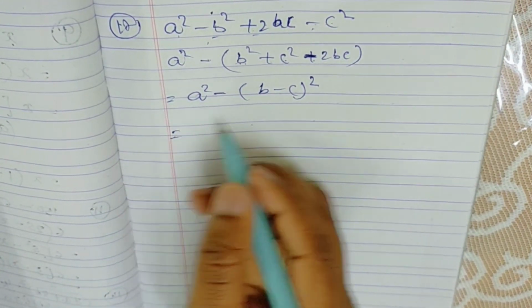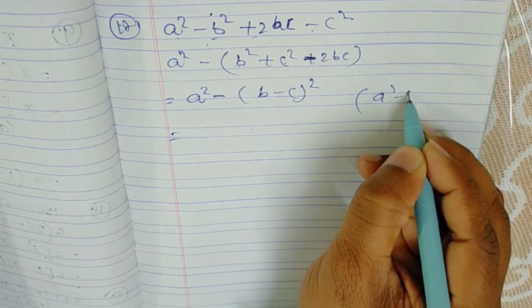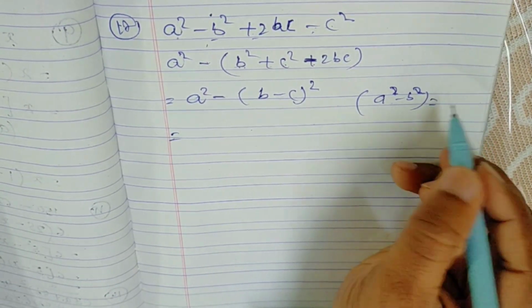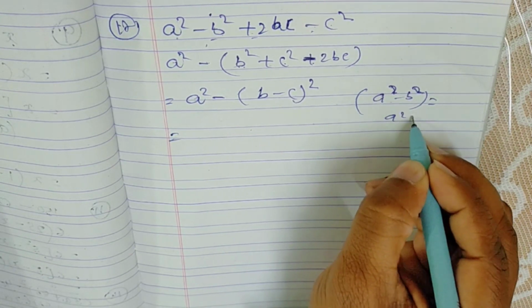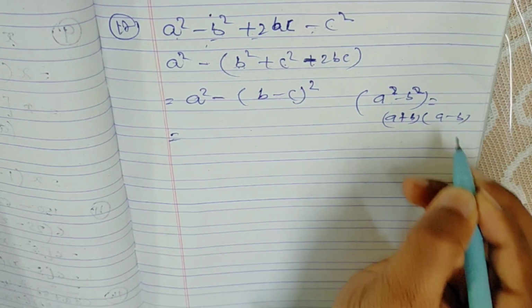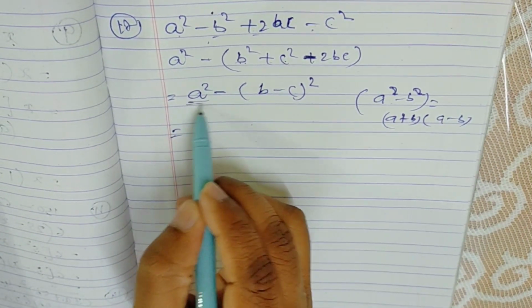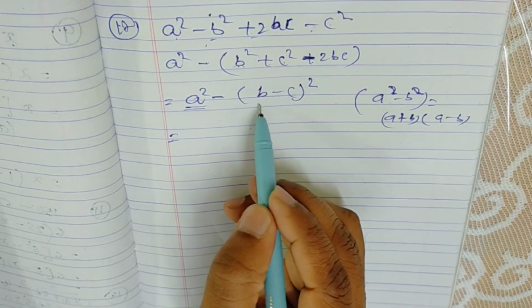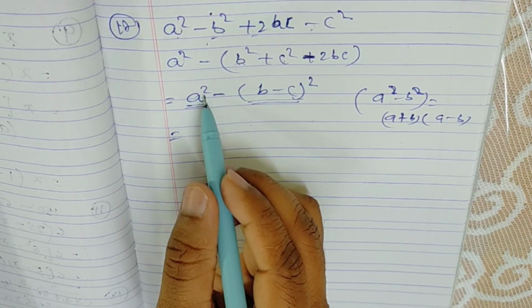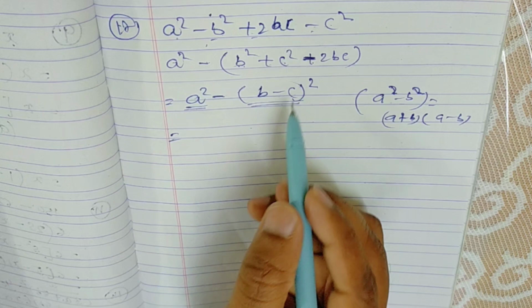So again it will form a square minus b square, and it will become in one bracket a plus b and another bracket a minus b. So according to that, we can change this. So this whole will be a square and this whole will be b square.